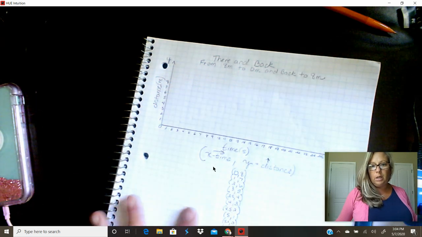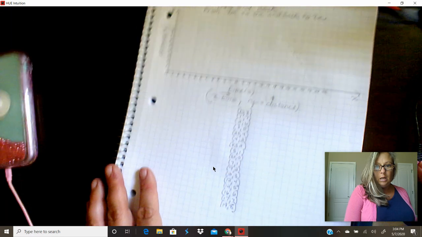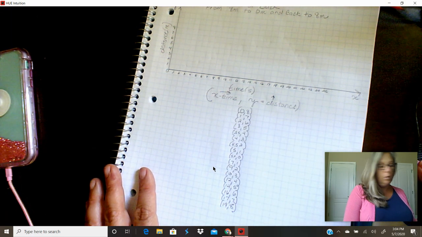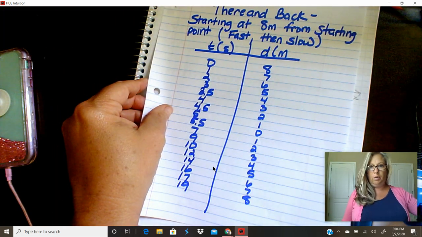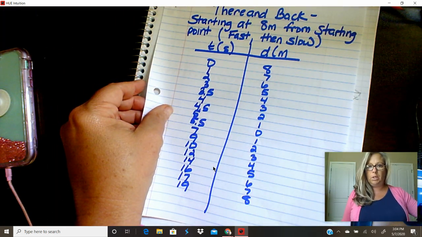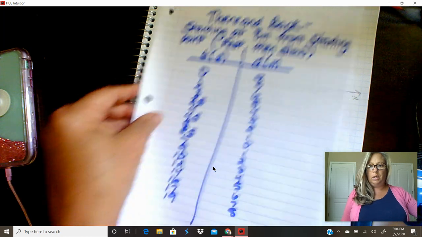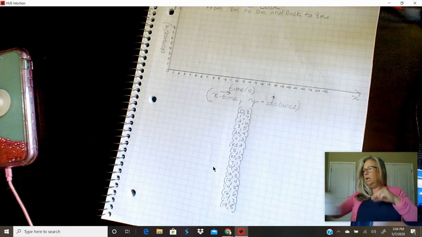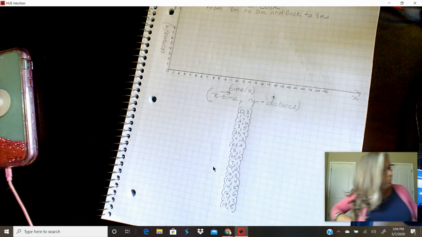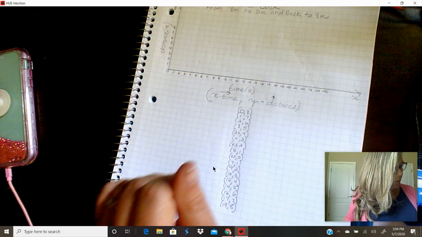Because there's a lot of data, just like in our last video on Friday, I went ahead and created the coordinates for you. By turning my data table that we did when we first collected the data into coordinates, I simply copied them down very neatly, and also remember putting the comma and the parentheses around them.